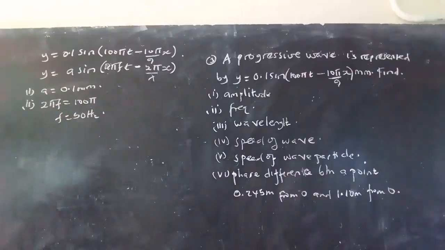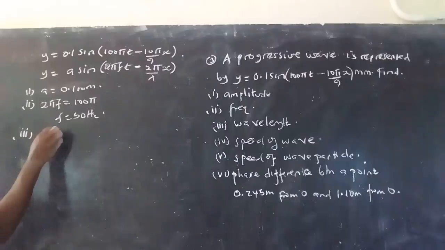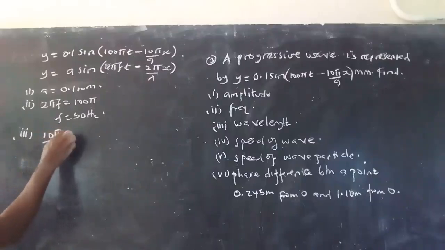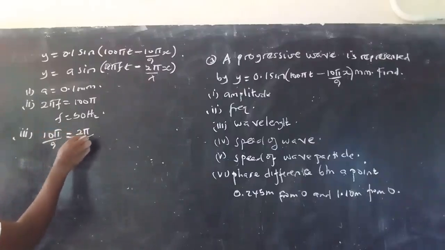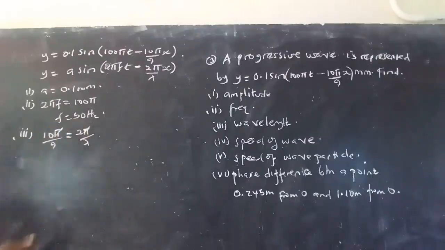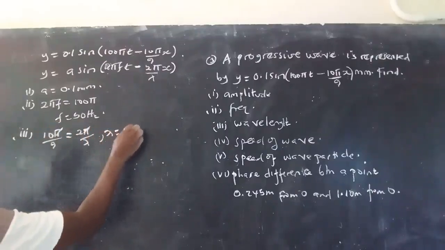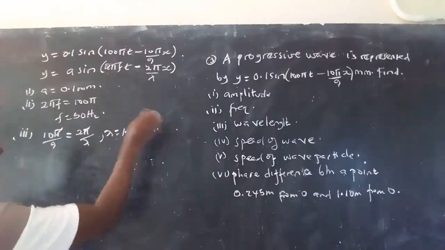Then the next question is wavelength. Compare 10 pi over 9 with 2 pi over lambda. So this will cancel, and our lambda will become 1.8 millimeters.